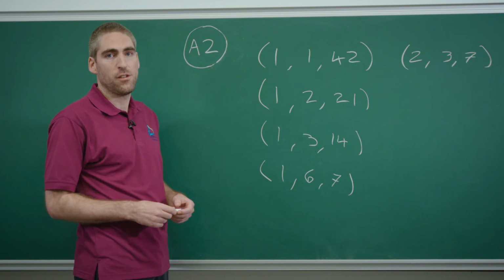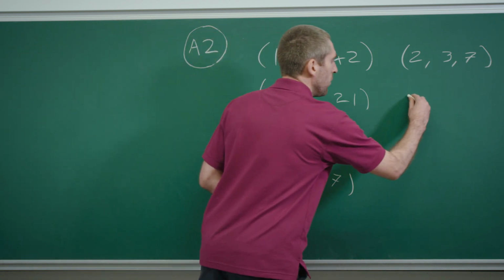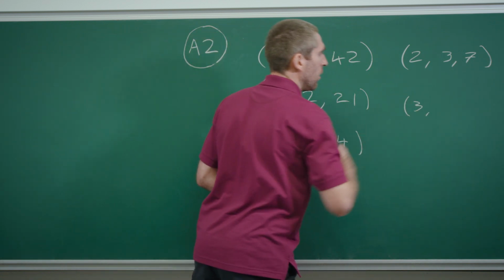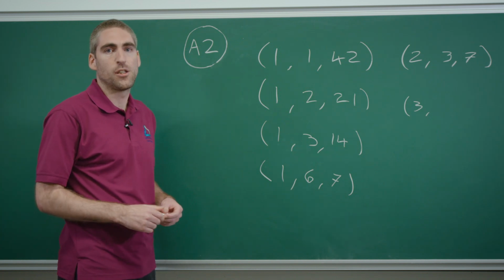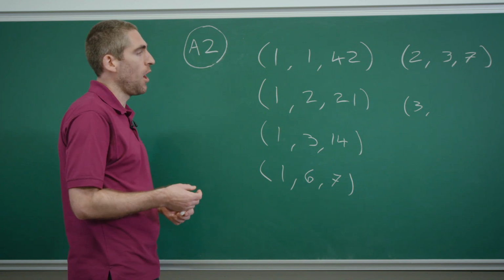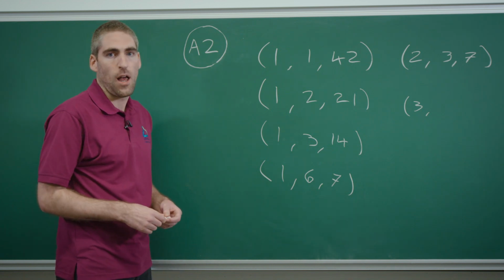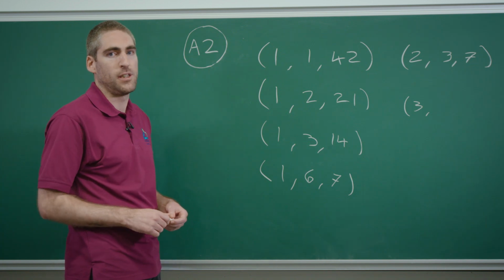Considering the final case, where the smallest factor in the factor triple is 3, 42 divided by 3 is 14. So we're now looking for a factor pair of 14 where both factors are at least 3. And there is no such factor pair. So in this case, we have no possibilities.